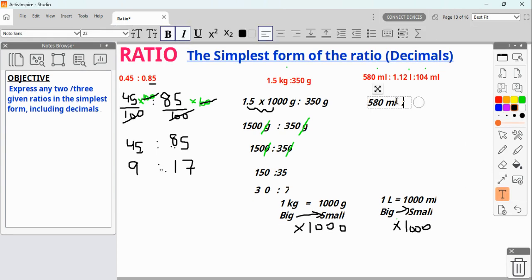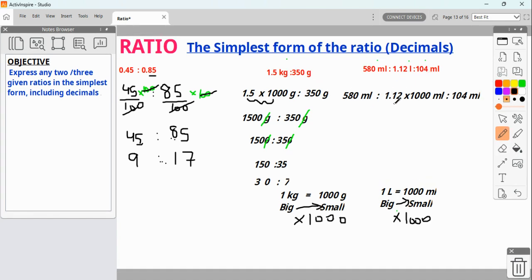So 1.12 we will multiply by 1000 for converting it into milliliter. Then we can copy down ratio 104 milliliter.